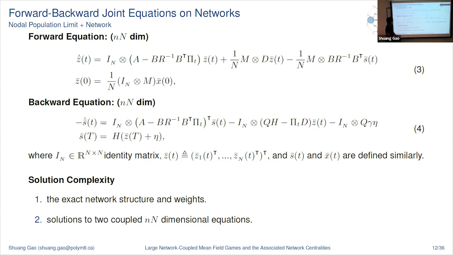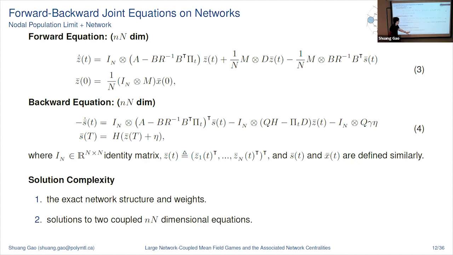If your network is small and you know exactly the network, this is a complete story. But when you don't know the exact structure, you don't know the exact weights, then you need to figure out approximate solutions.